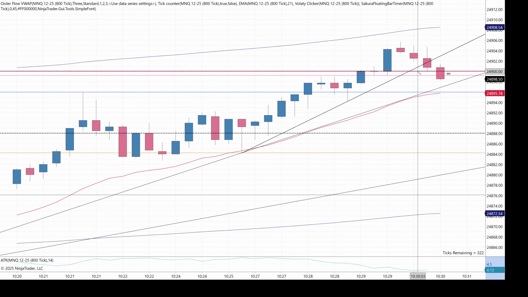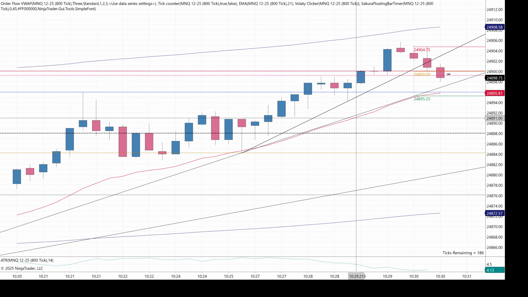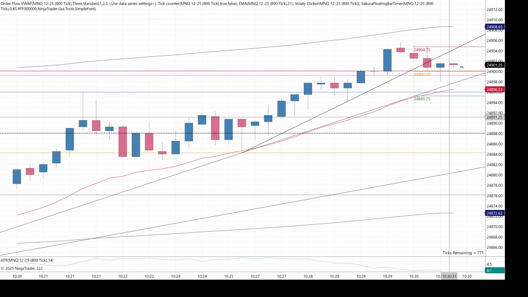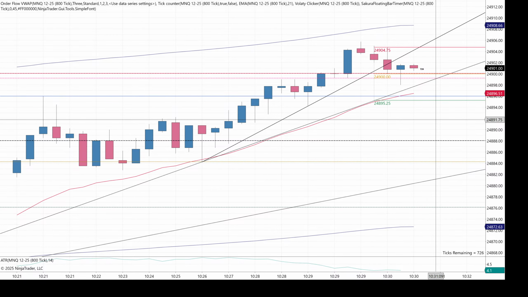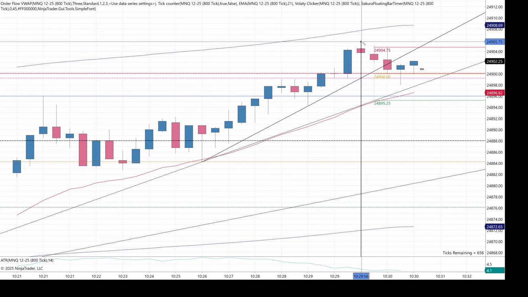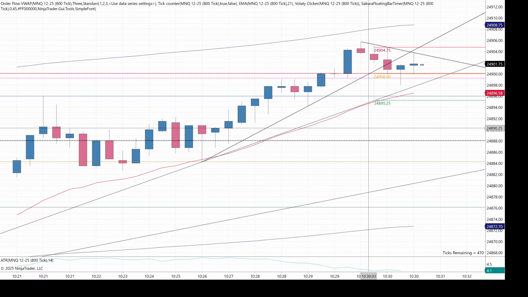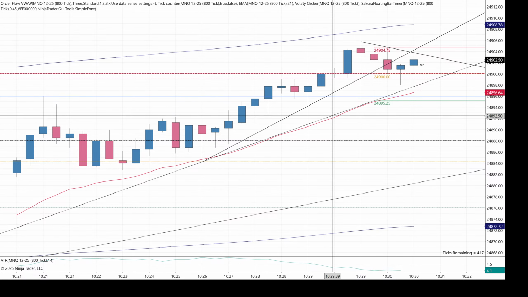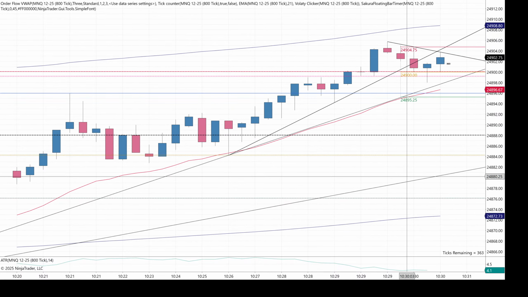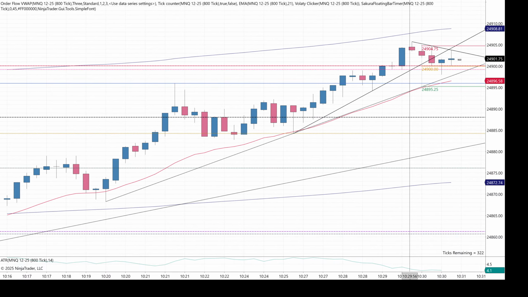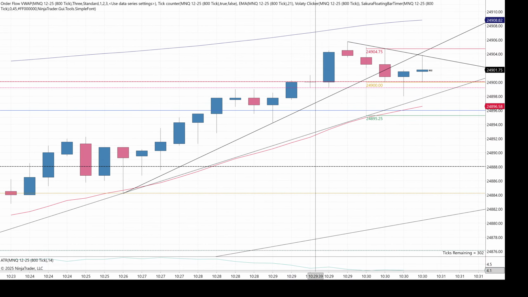We got lots of things. We got support levels below us. The runner has been taken out. We do have a standard deviation level above us if we're trying to go bullish.